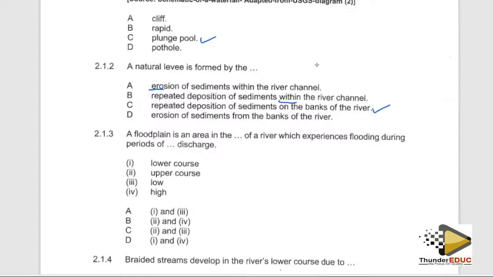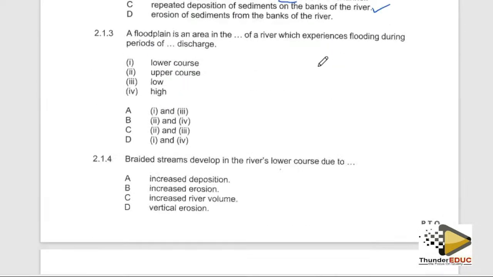2.1.3, it says a floodplain is an area in the dash of a river which experiences flooding during periods of dash discharge. So a floodplain is an area in the lower course. We know that a floodplain forms in the lower course, right? This is out, it can't form in the upper course. During periods of... let's check.